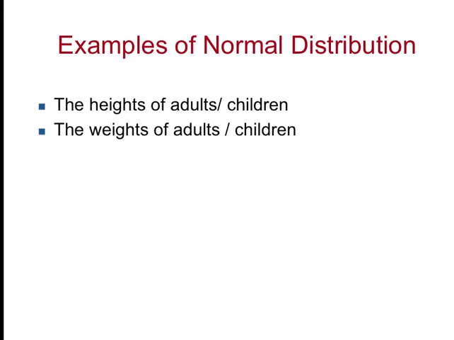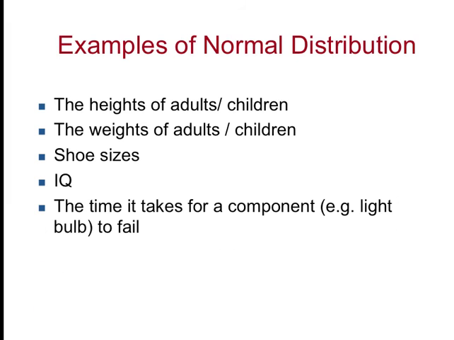This is true for many other variables in real life, such as weight of adults or children, shoe sizes, IQ, the time it takes for a component, e.g., light bulb, to fail, and many other variables.